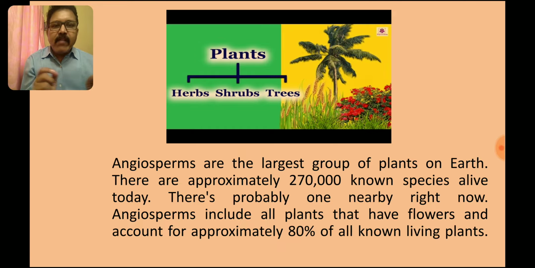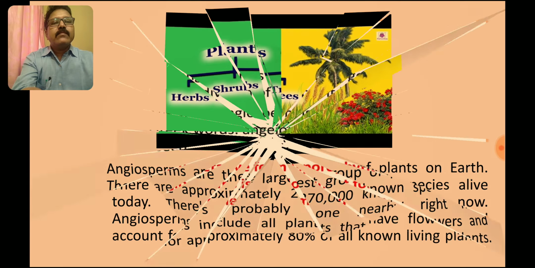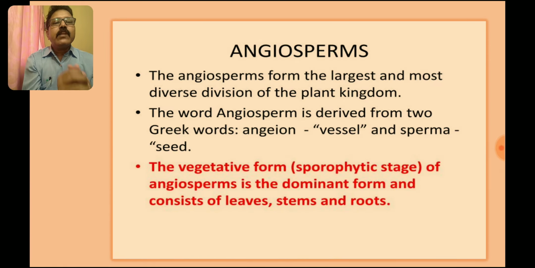As I just told, they are flowering plants, and account for approximately 80% of well-known living plants. So angiosperms form the largest and most diverse division of the plant kingdom.